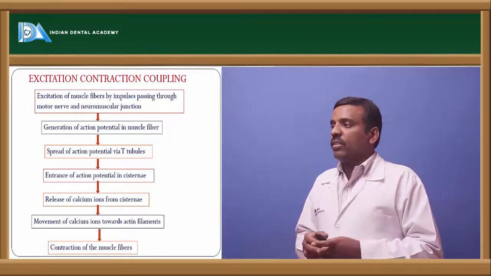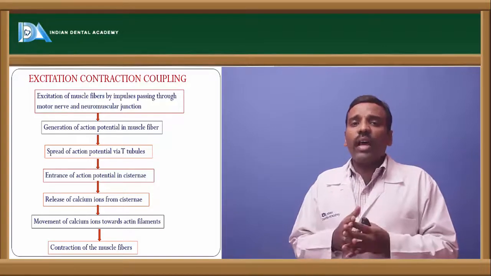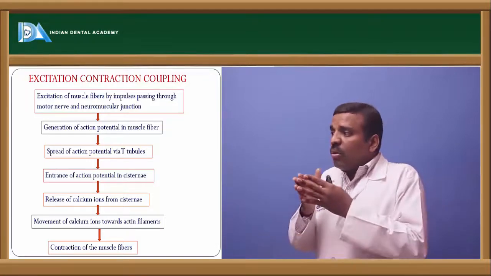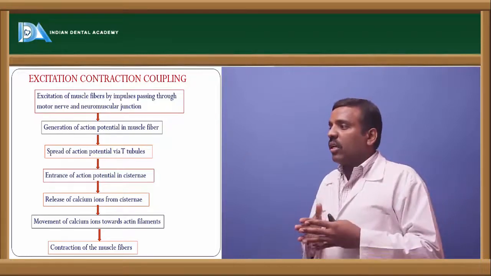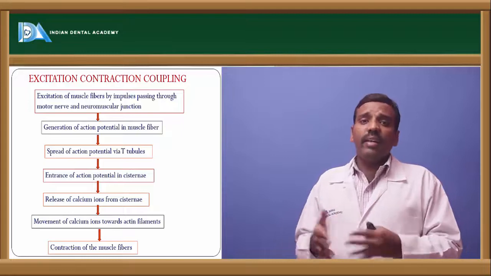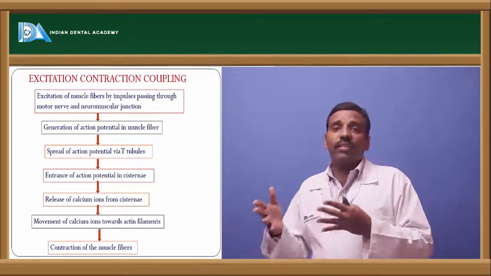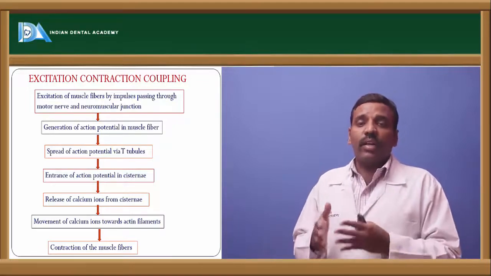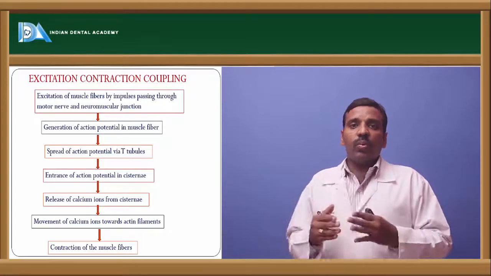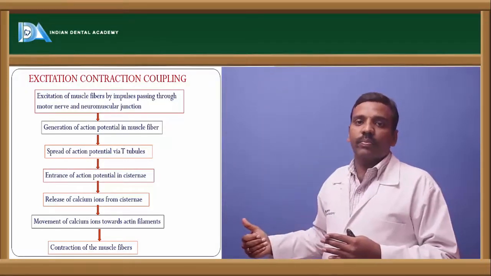And next there is movement of the calcium ions towards the actin filaments. Immediately these actin filaments pull the myosin filaments, and then contraction occurs. That is the contraction of the muscle fiber, the relation between excitability and contractility.